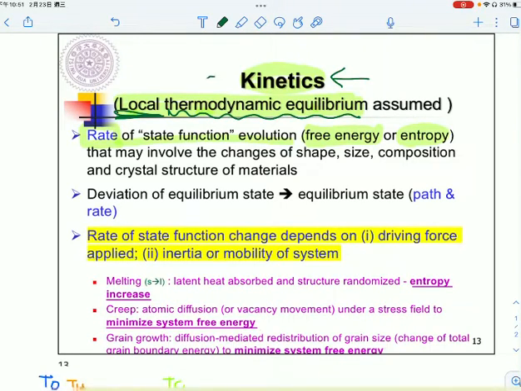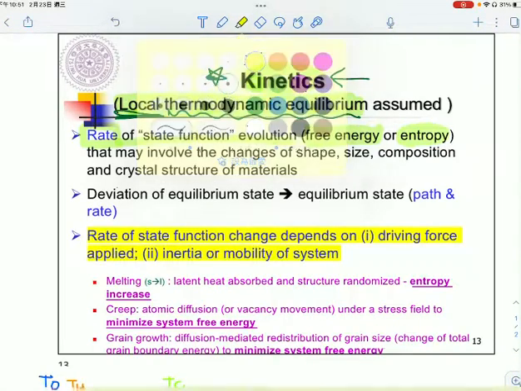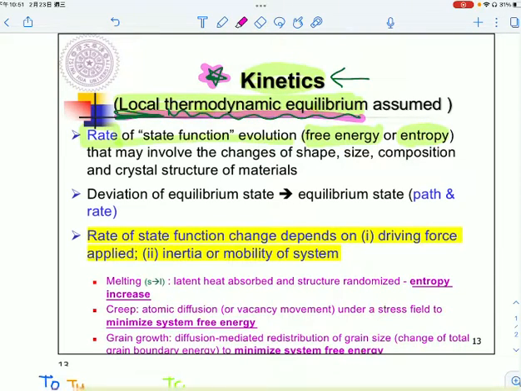This is a quite important assumption. Otherwise, we cannot directly use all the laws or state functions derived from thermodynamics in kinetic processes.